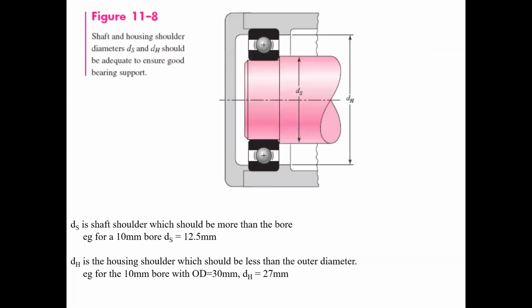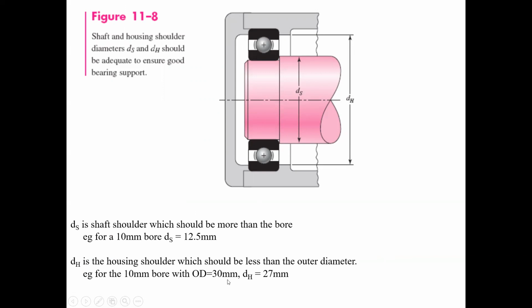Let's go to another one. This is the installation of the shaft. The shaft we put here, this is the installation for the bearing. This is the diameter, the bore diameter inside, and this is the outside.